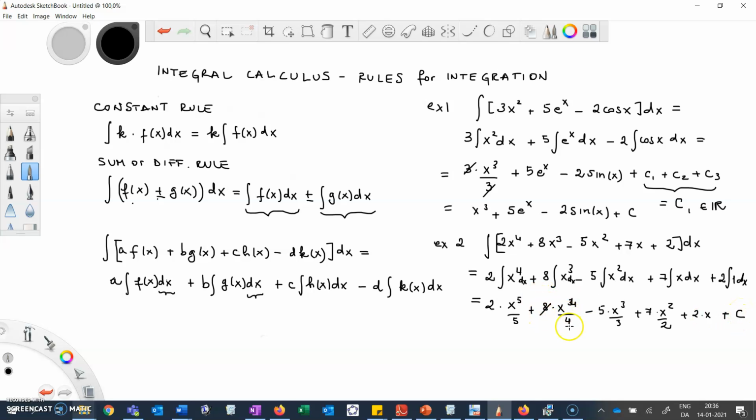Now I need to simplify here, 8 with 4, I'm left with 2, and then I can rewrite as my final answer 2/5 times x to the power of 5 plus 2 times x to the power of 4 minus 5 over 3 x to the power of 3 plus 7 over 2 x to the power of 2 plus 2x plus the constant c, where c belongs to the real numbers.